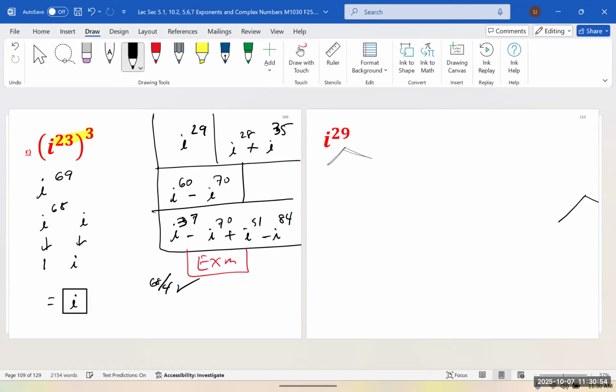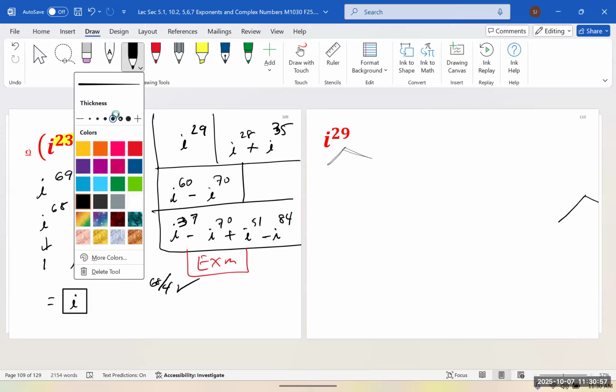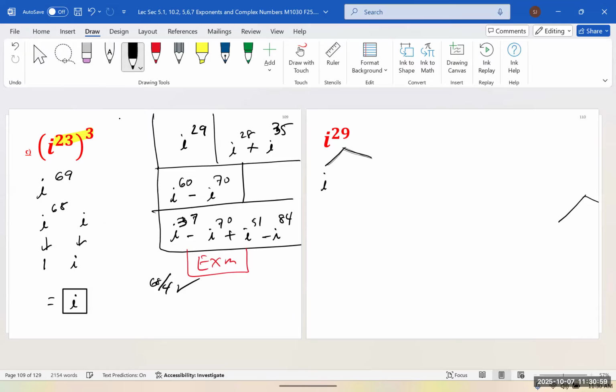So we have 29. i to the 28 and i. Can we divide 28 by 4? Yes. So what do we get? 1. And we have our i, so it's 1 times i, which is i.